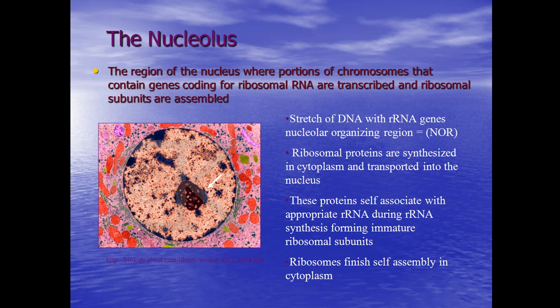So the nucleolus is the region in the nucleus where the portion of the chromosomes which contains the genes coding for ribosomal RNA is transcribed into ribosomal subunits.